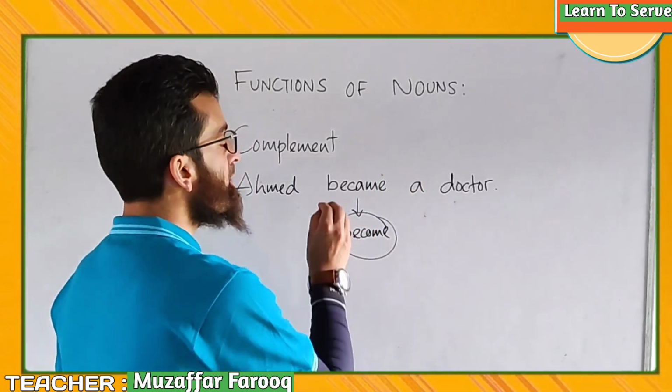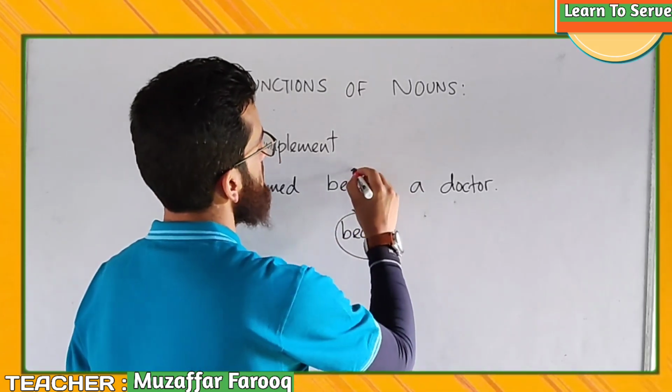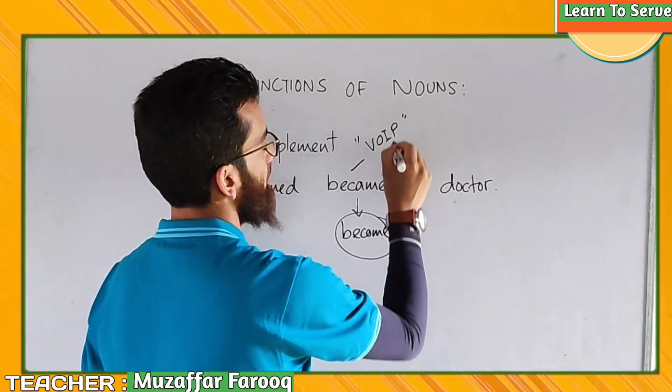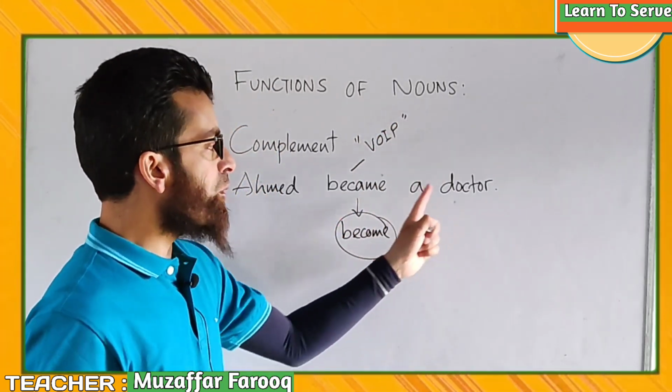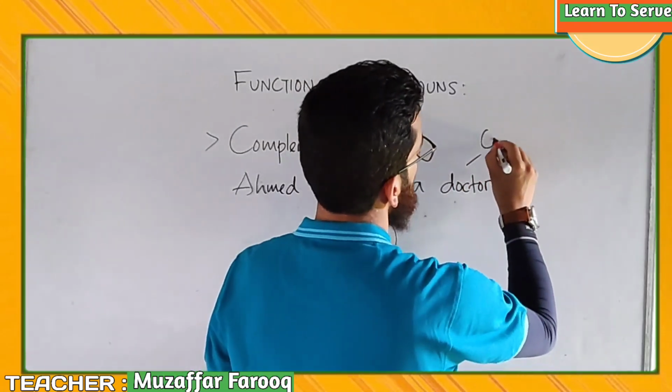But अगर मैं सिर्फ इतना लिखता Ahmed became, तो this became was a verb of incomplete predication. तो इस became को किसने complete किया? डॉक्टर ने. Hence doctor is a complement.